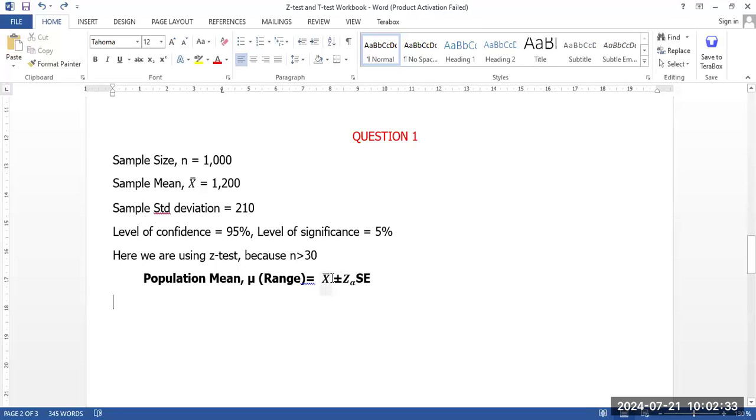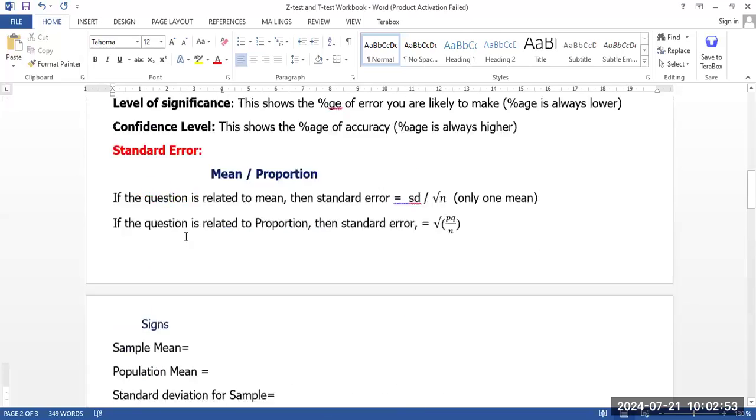Remember, for standard error, SE, when we are dealing with one mean, which formula do we use? Do you recall?